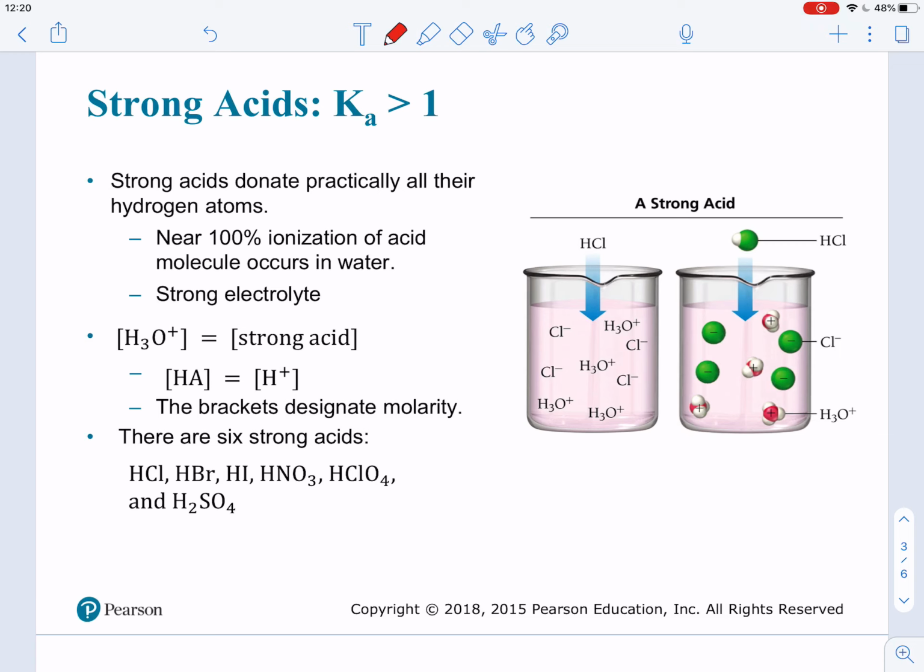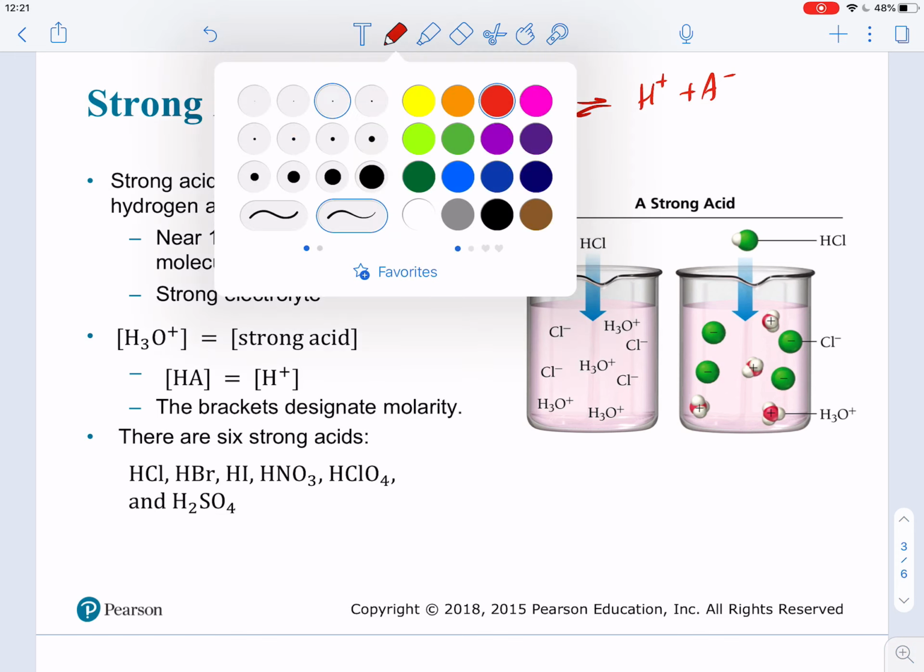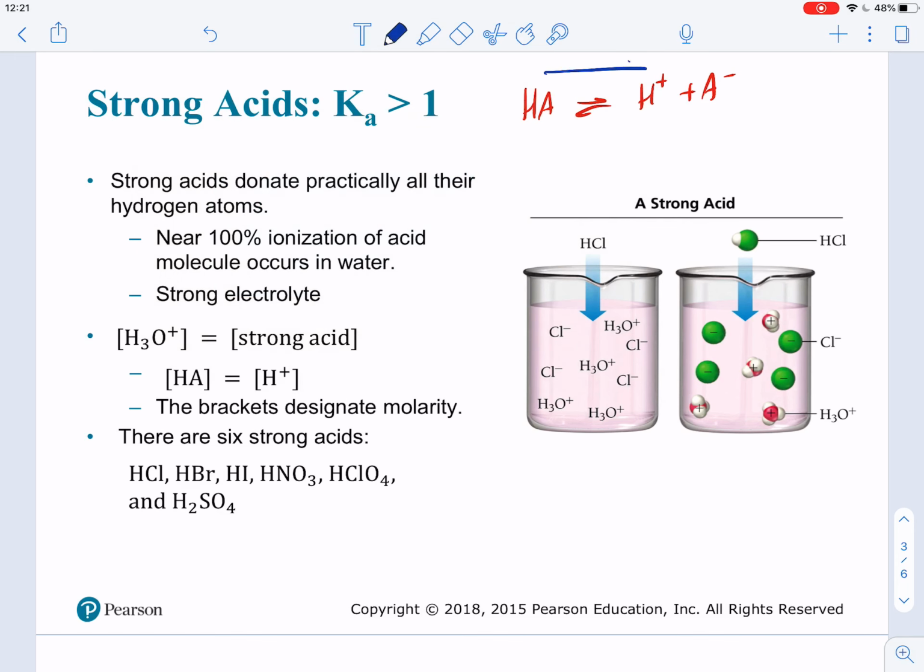If the constant is really large and we are looking at this equation, right? If the constant is really large, what that means is that the equilibrium is favoring the products. Okay? The concentration of the products is going to be much larger than the concentration of the reactants.